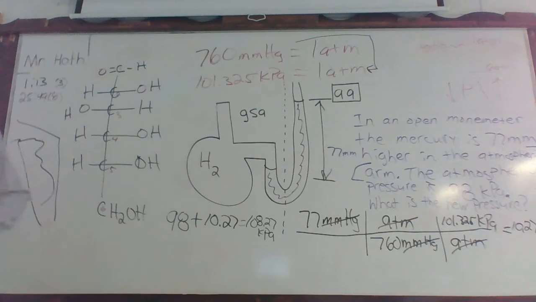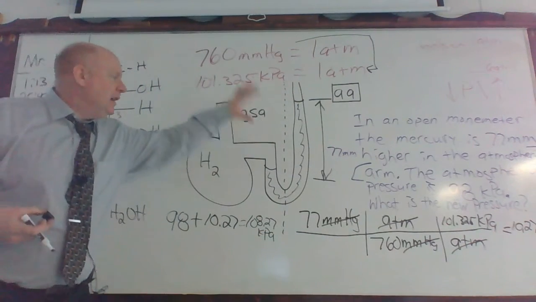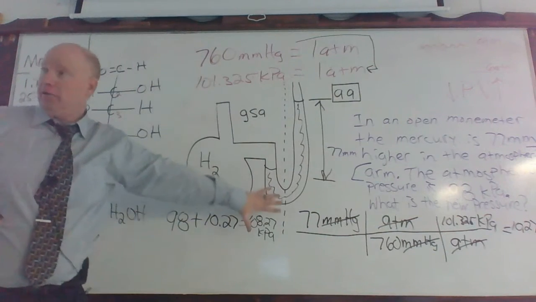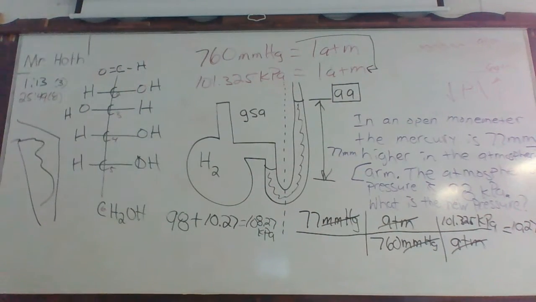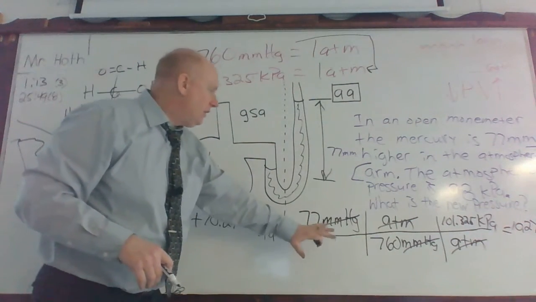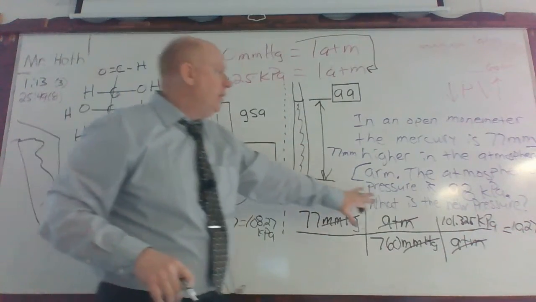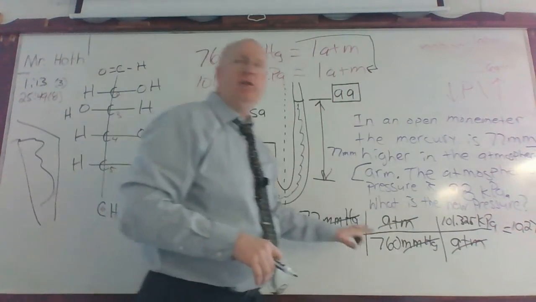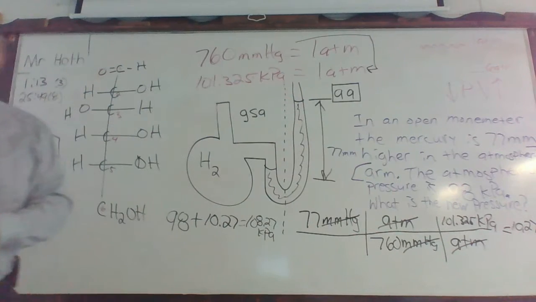So that's what the atmospheric pressure would be in this problem. You have to see which arm has a higher level of mercury in it, either the gas sample arm or the atmospheric arm. Make your correction from millimeters of mercury to kilopascals, then either add or subtract.